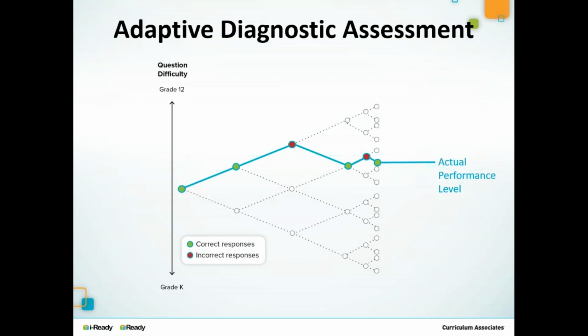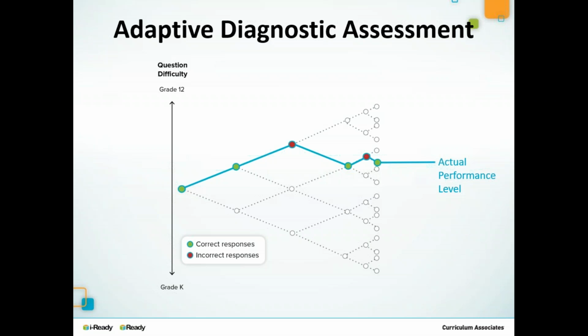So I want to encourage you, as we're going through and talking about how we can get the best data from our students, that we need to prepare our students and let them know before they go in that they're going to get questions that are hard. And if they don't know it, take their best guess and move on. Because we're finding out what they know and what they don't know yet.